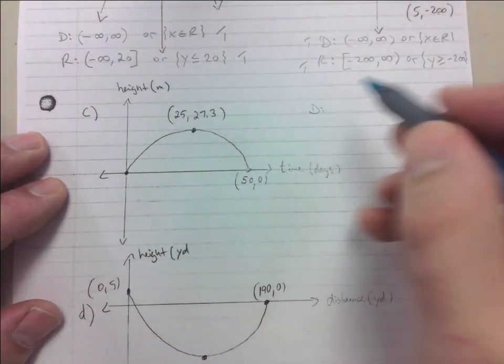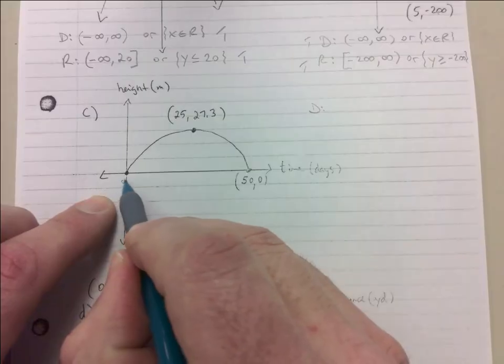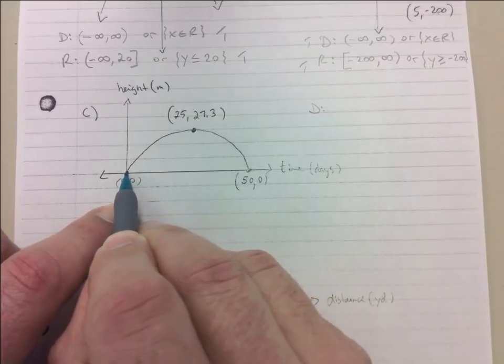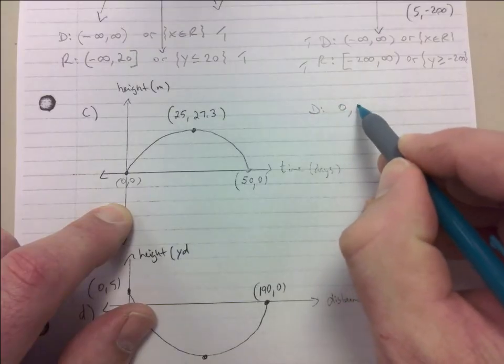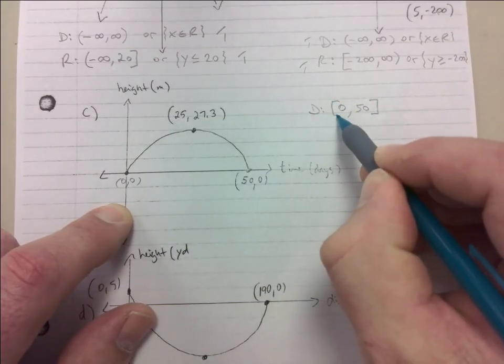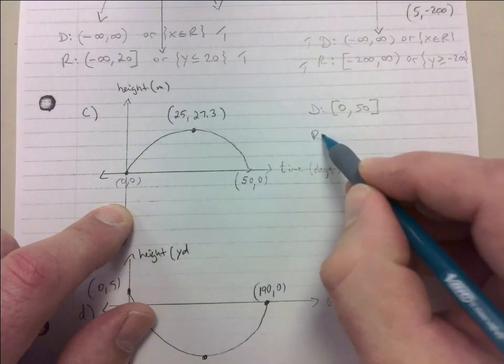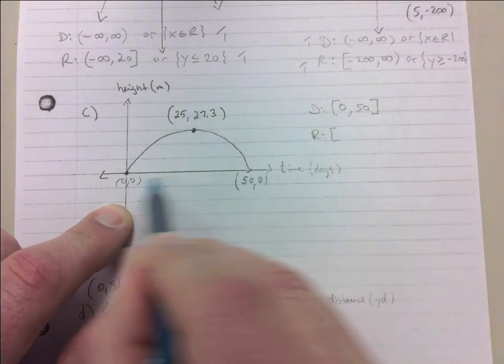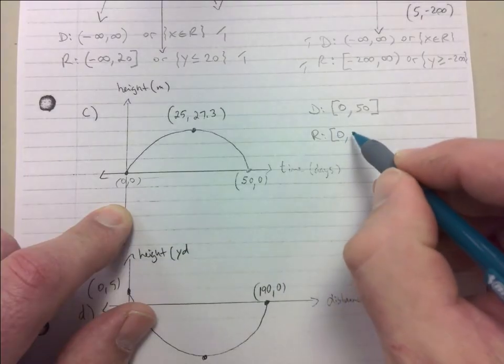for the domain, you're going from, this is implied that this is 0, 0 here. So 0 to 50. Okay. And for the range, this would go as low as 0 and as high as 27.3.